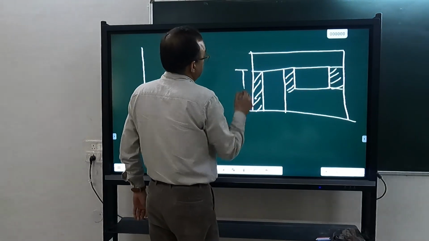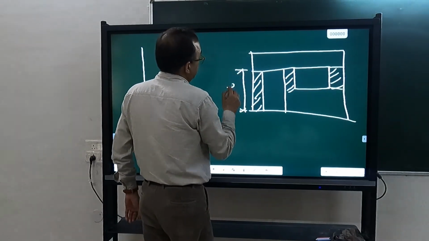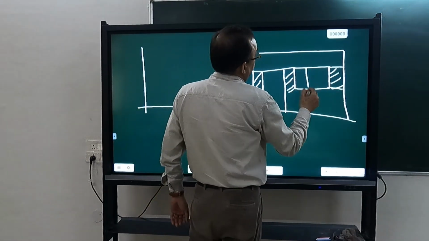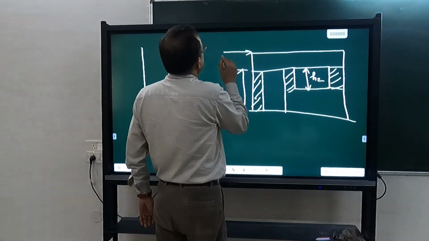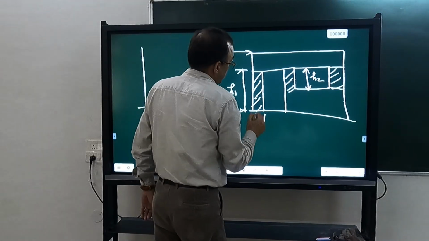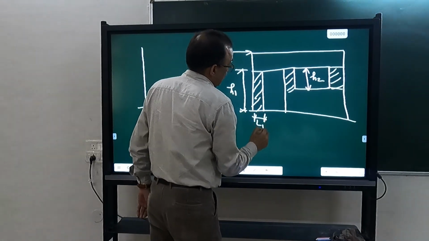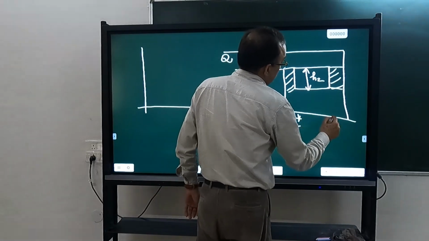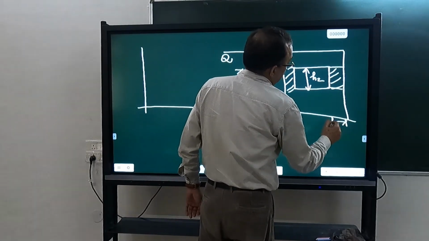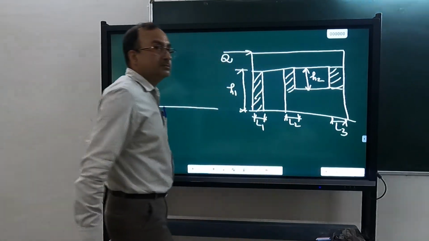let us say this height is H1, this height of the window is H2, the force applied here is Q, this is L1, this is L2, this is L3.